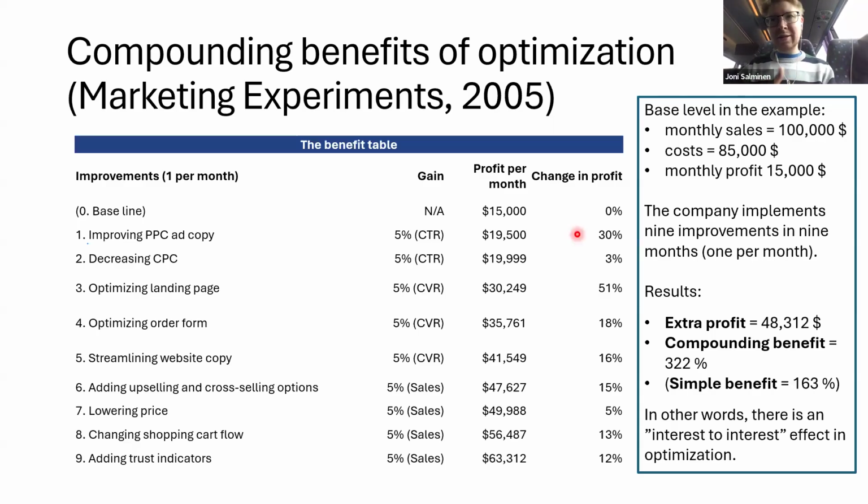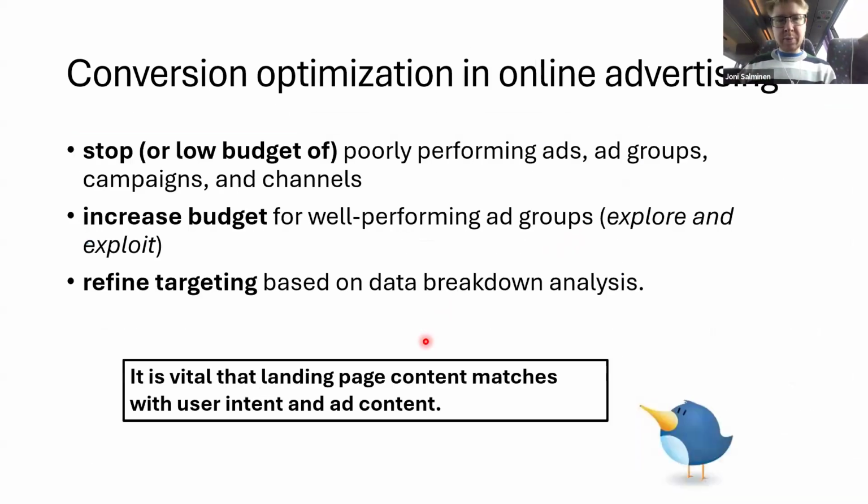So that's the incremental benefit idea, that you don't always need to change the whole website or make very, very big changes. We could focus on these smaller improvements, and cumulatively they bring a lot of benefit. So this is one approach and one reason why we should do conversion optimization.